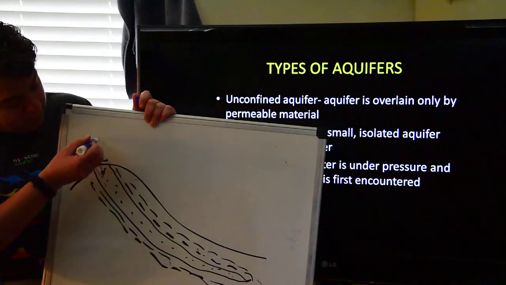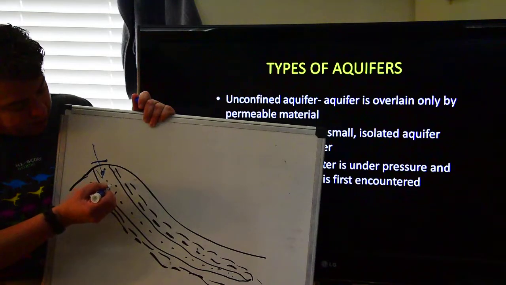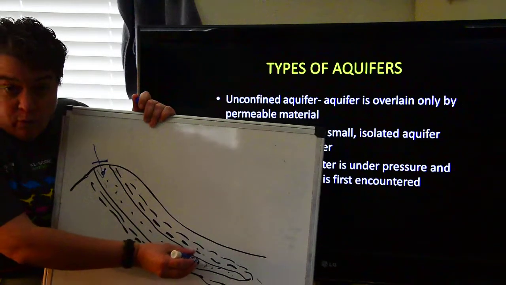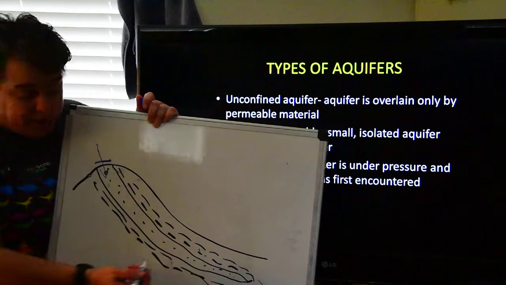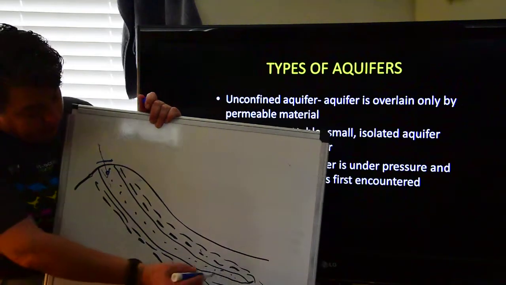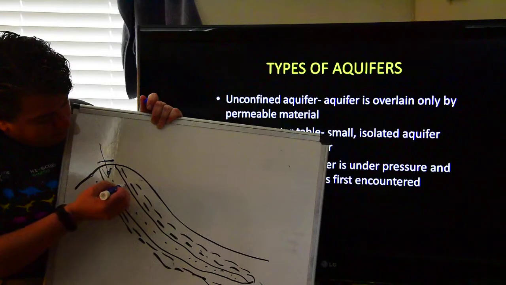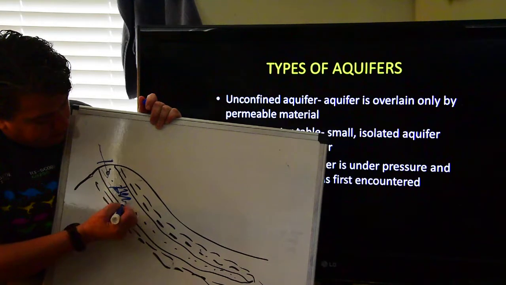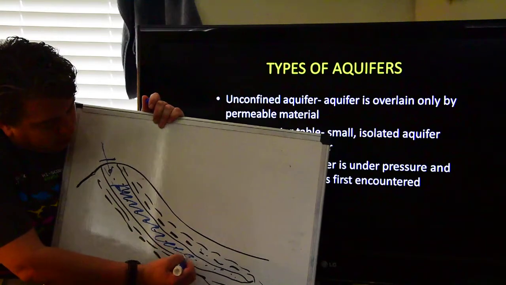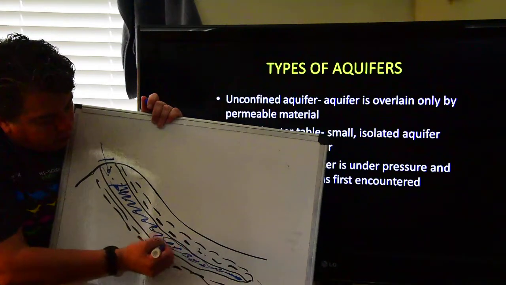So water will infiltrate here, it'll flow downwards as far as it can go, and then it gets stuck there because it's surrounded by impermeable material. Over time, the aquifer might fill up all the way to here. That means all of this rock is filled with water.